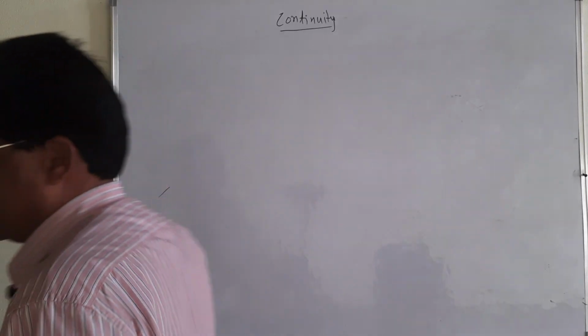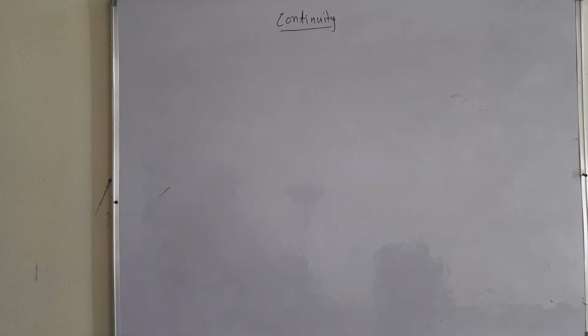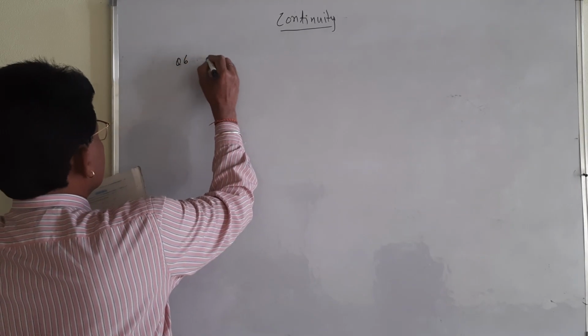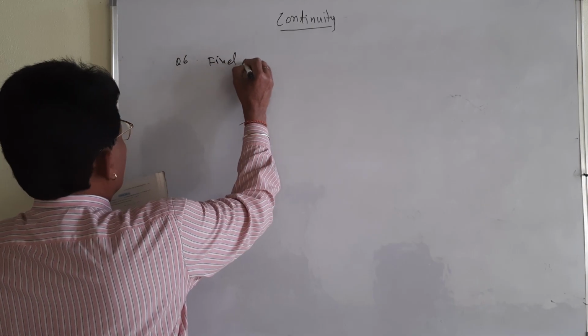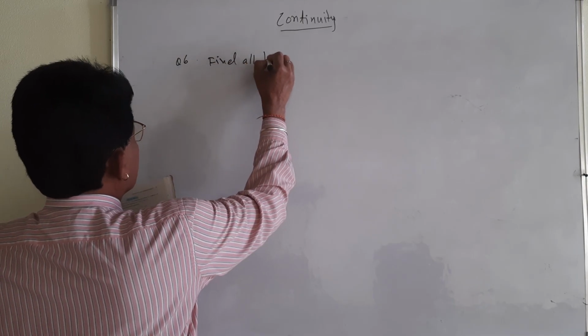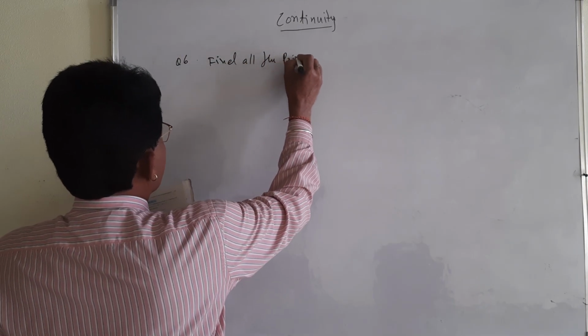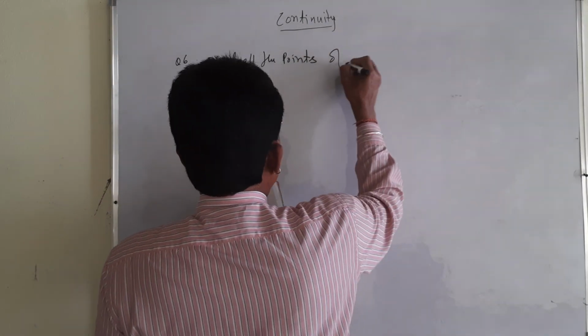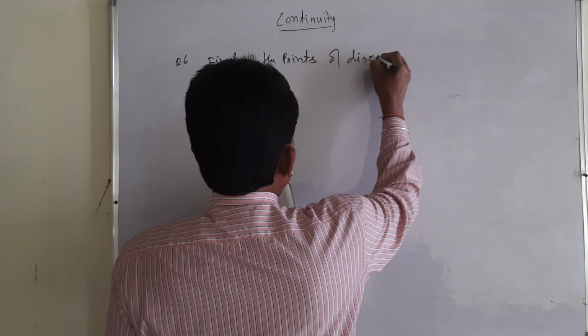I will explain it because I feel these questions are very important. That is why I have collected these questions. See, question number 6: find all the points of discontinuity.